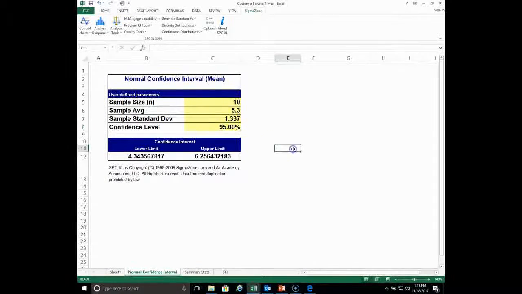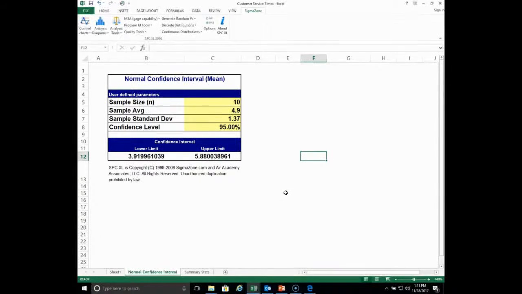And there again, you'll see that this confidence interval captured the value 5. And then let's take the third simulation that we did. It was also a sample size of 10. This was 4.9, the standard deviation was 1.37, and we still want 95%. And again, this confidence interval captured the true population mean of 5.